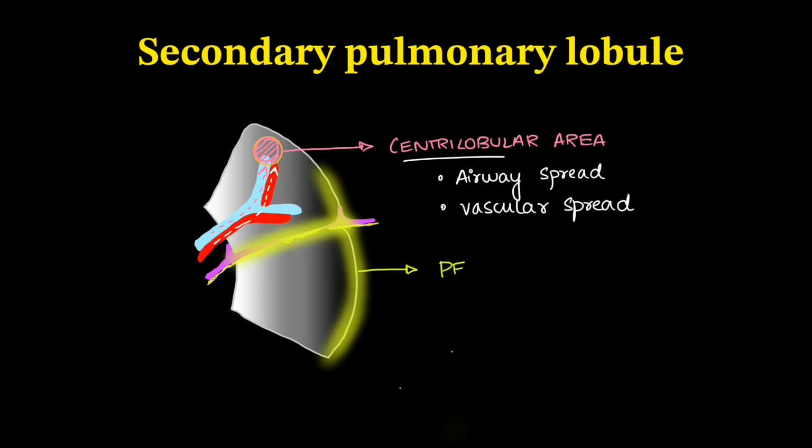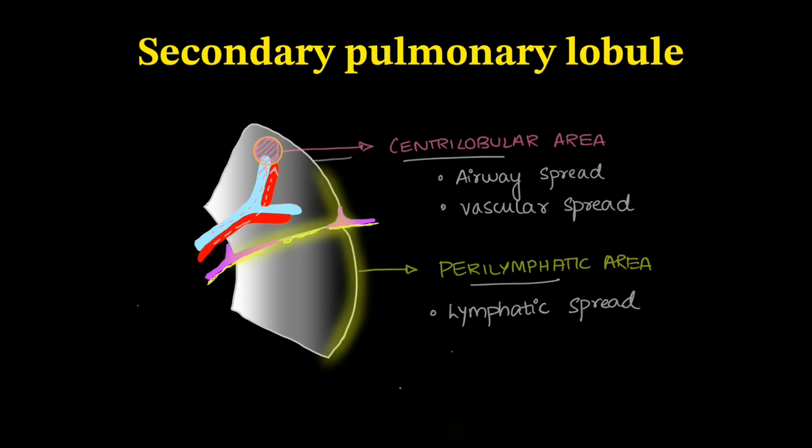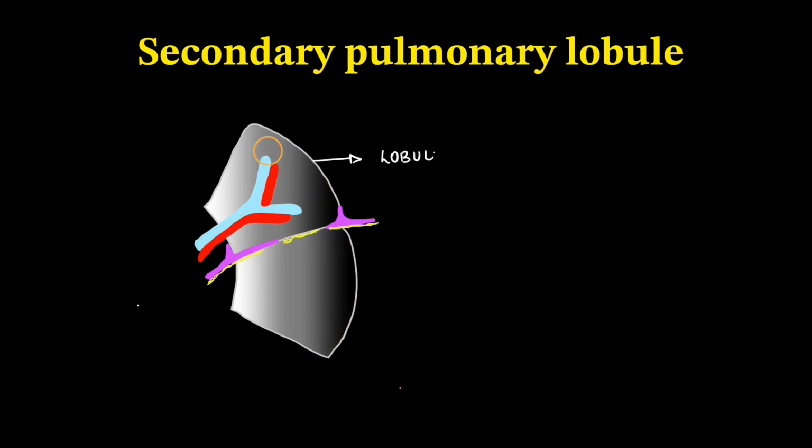This area is also called the perilymphatic area. That's because lymphatics run through this interstitium or interlobular septa, and whatever diseases affect the interstitium is because of lymphatic spread, because lymphatics run through it. Simple to understand. Next we have one secondary pulmonary lobule here, one more lobule here. In between the lobules we know that it is interlobular septa constituting the interstitium.